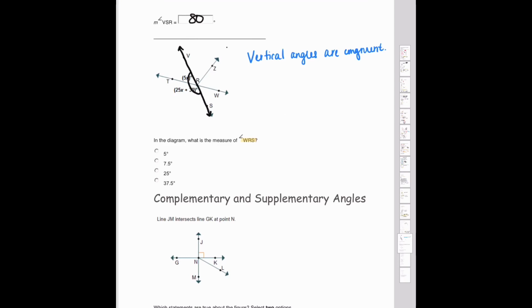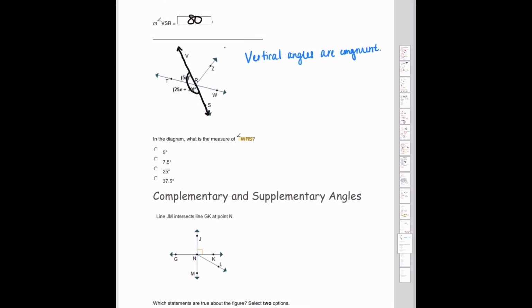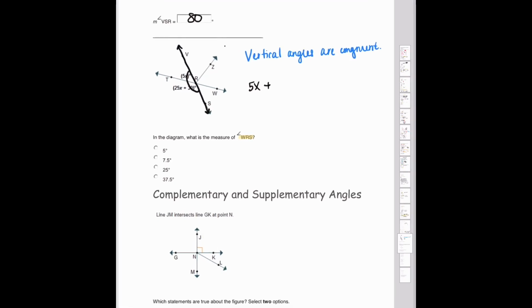What did we just review about linear pairs? Well, if you add those two adjacent angles together, you would get 180 degrees.